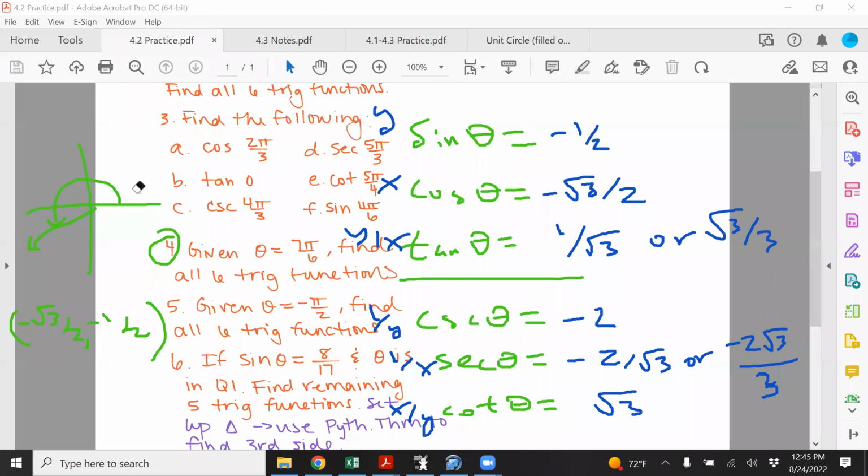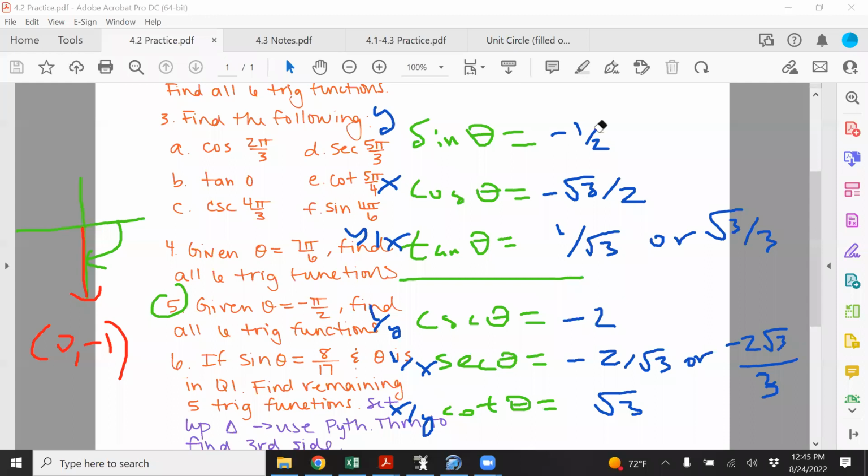And then lastly, let's do 5. Okay, negative pi/2 is right here. That's my negative pi/2. The coordinates are 0, -1.